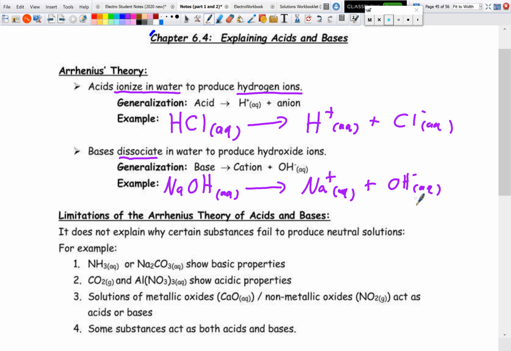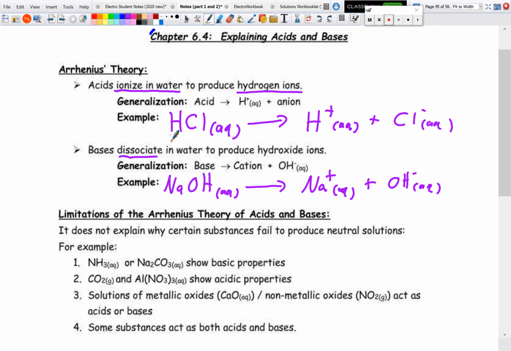Notice how we knew if anything had hydroxide, it would be considered a base. Now, this theory does have some limitations, and that is not everything is going to have hydrogen on the left, or the combination of COOH is going to be an acid, and not all bases have hydroxide.